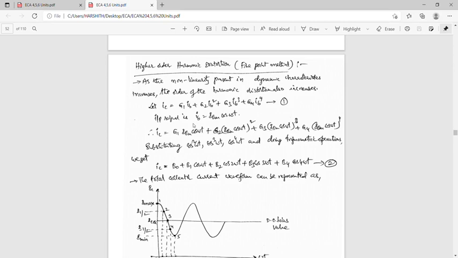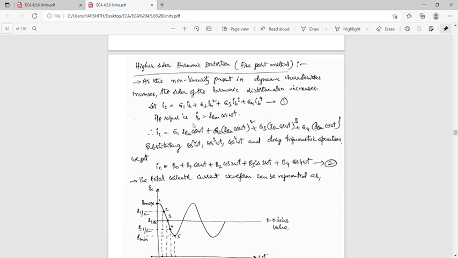Let the mathematical expression for the collector current due to higher order harmonics be IC equals G1 into IB, plus G2 into IB square for the second harmonic, plus G3 into IB cube for the third harmonic, plus G4 into IB to the power 4 for the fourth harmonic.